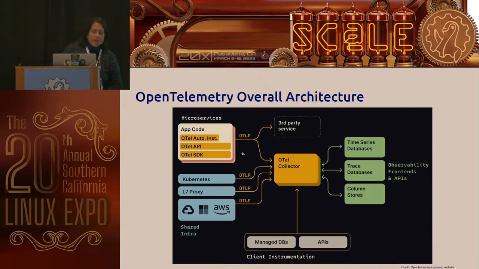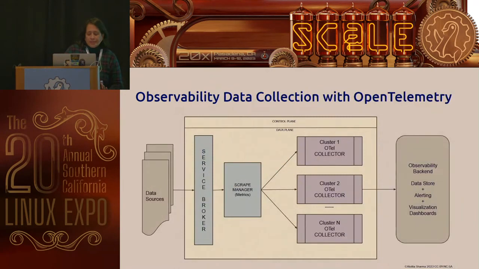And all that telemetry that is coming from each one of these layers is being collected through an OTLP protocol, sent through the collector, and then sent to the backend, right? And that's typically what collection means. It's instrumentation of your application and infrastructure, formatting it into OTLP, sending it through the collector, sending it to the backend. You can also instrument system services like databases and APIs, and then send it.